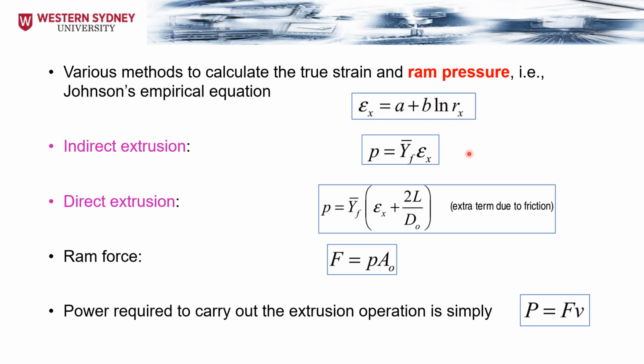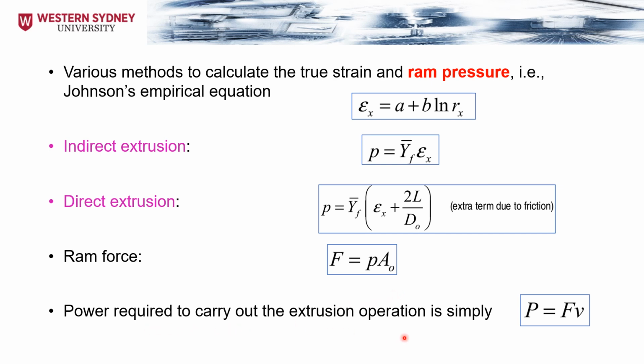In the indirect extrusion, the pressure is going to be equal to the average flow stress multiplied by the epsilon x. In the case of the direct extrusion, the pressure is going to be equal to the average flow strength multiplied by epsilon x plus 2L divided by DO. The ram force in both cases is going to be equal to the pressure multiplied by the cross-sectional area of the billet.